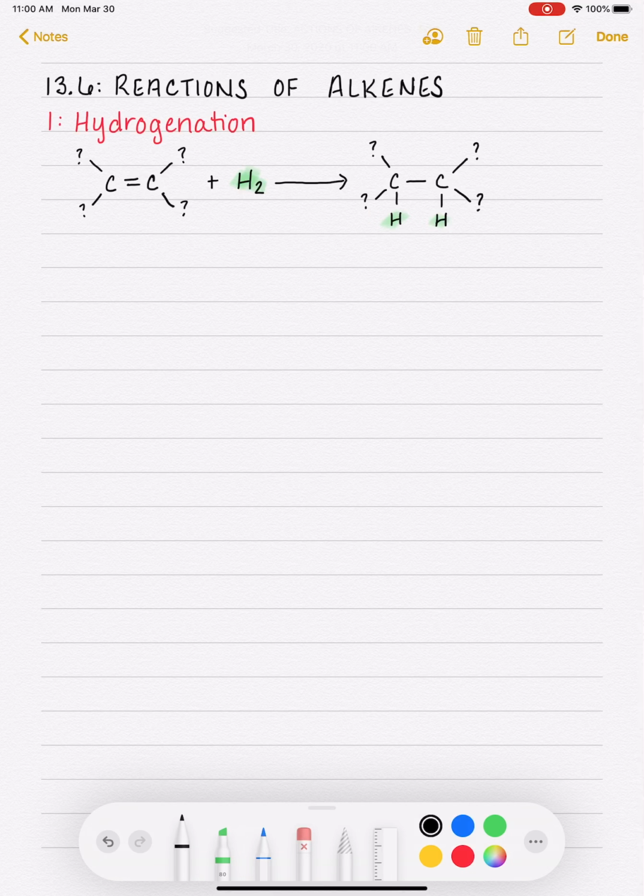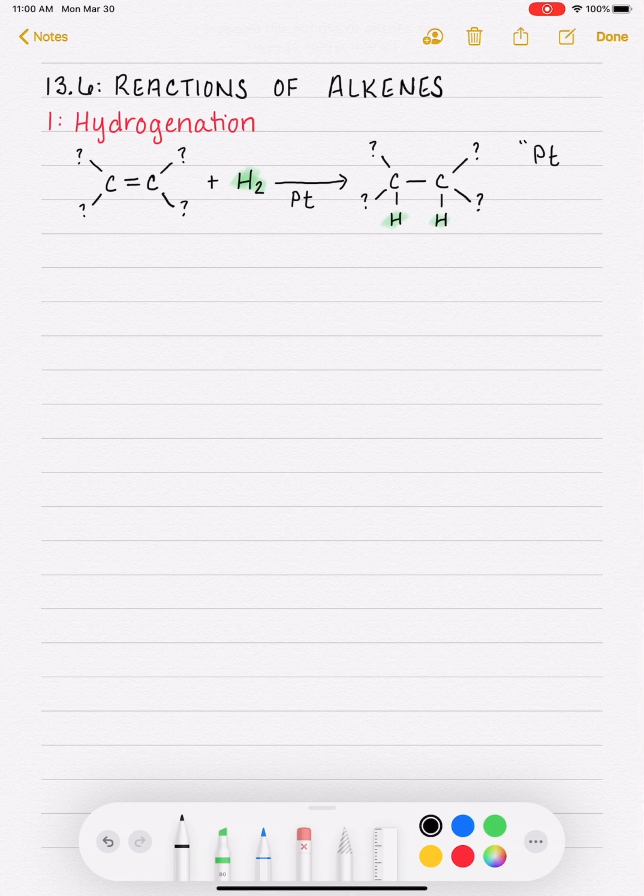This reaction works really well in the lab, but it does need to have a catalyst, and the catalyst is going to be a metal like platinum. The way that we write a catalyst into a chemical equation is, like I just did, by writing the formula for the catalyst under the arrow. So Pt, let's make a note of that over here.